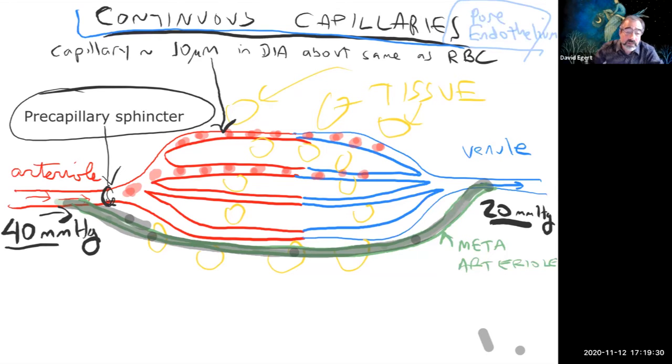So as the blood enters into the capillary bed, under a fair amount of pressure still, into these tiny little vessels with these super thin walls, water is going to start leaving.